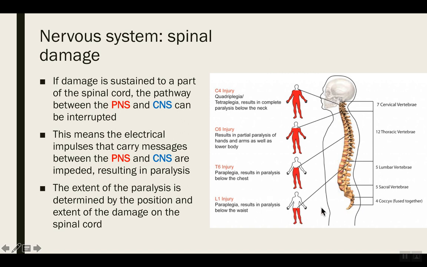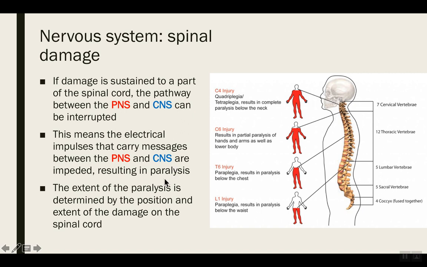We know that someone who is injured here or below would tend to get paralysis below the waist, but be absolutely fine above the waist. The higher up that spinal cord the injury is, the greater the degree of paralysis. So if you get an injury to your spinal cord right up here, which they call a C4 injury, that would result in total paralysis below the neck.